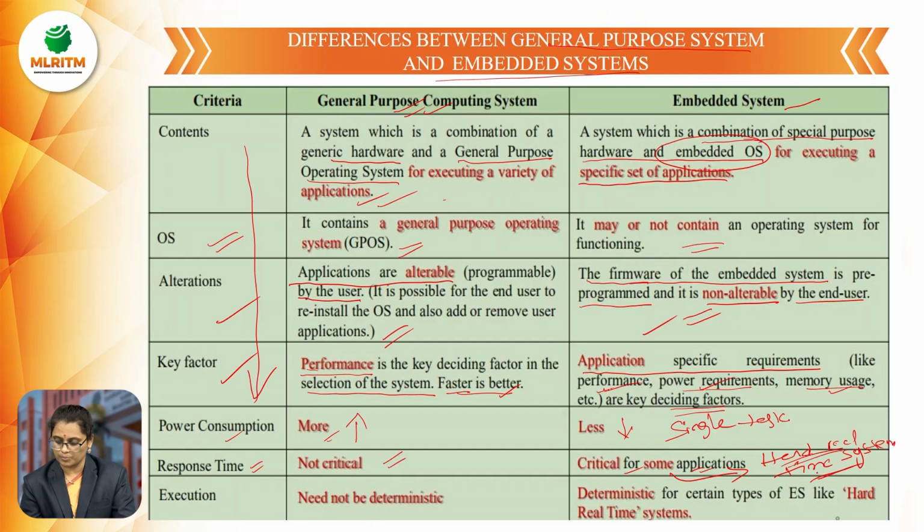From the hard real time point of view, time response is critical in an embedded system, but in a general purpose system, time response is not critical. And the last one is execution. It need not be deterministic in a general purpose system, and it is deterministic for certain types of embedded systems like hard real time systems. So it depends on our input, and we get the output compulsorily at the time of execution. These are the differences between a general purpose computing system and an embedded system.